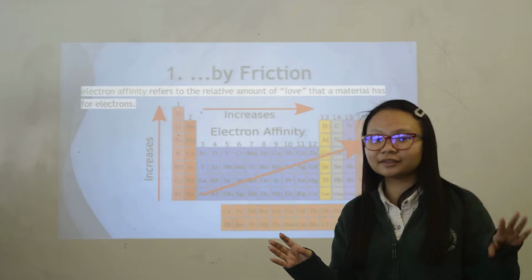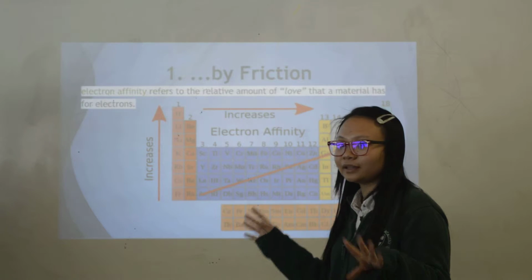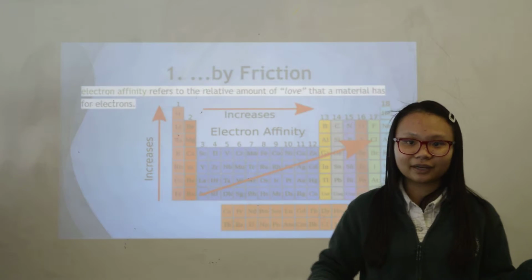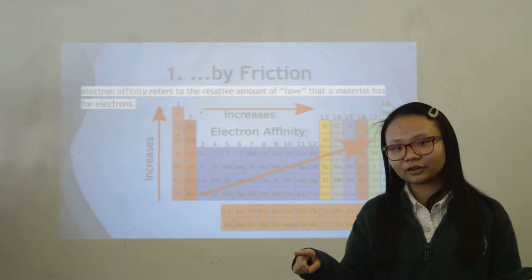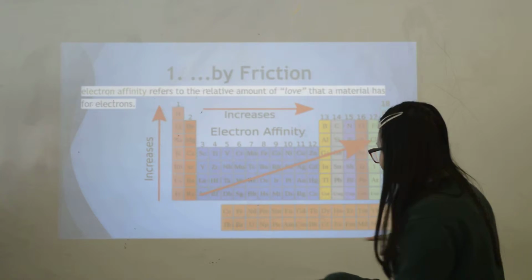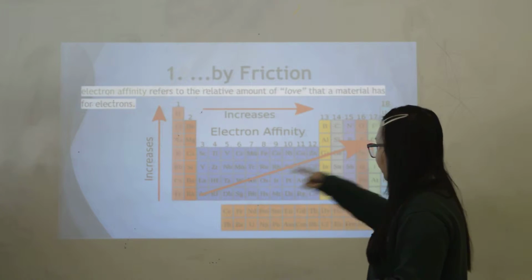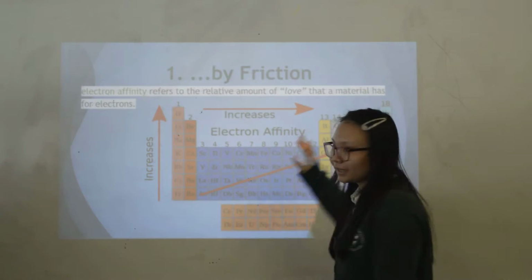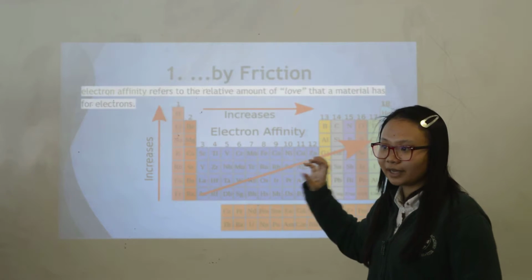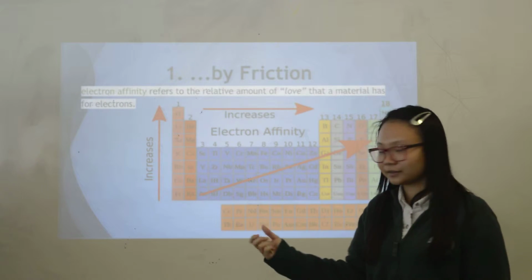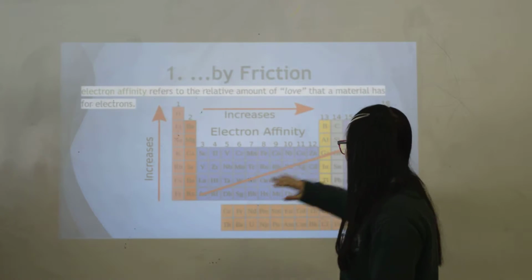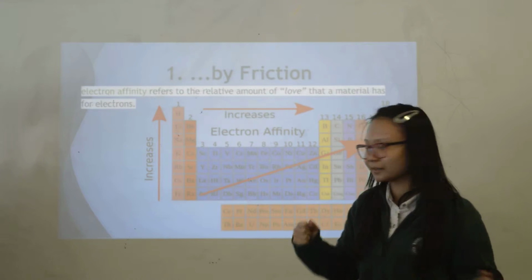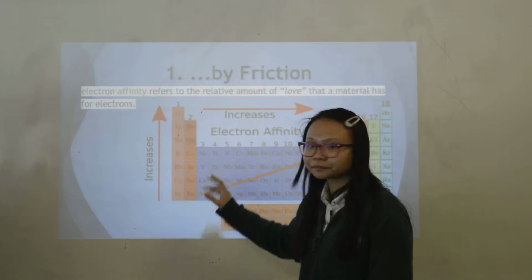So the one that takes the other one's electrons is negatively charged, and the other one that loses electrons is positively charged. In the periodic table, from this line to here is the increase of the attraction of electrons. So the elements more over here are more attractive to electrons than the elements over here.